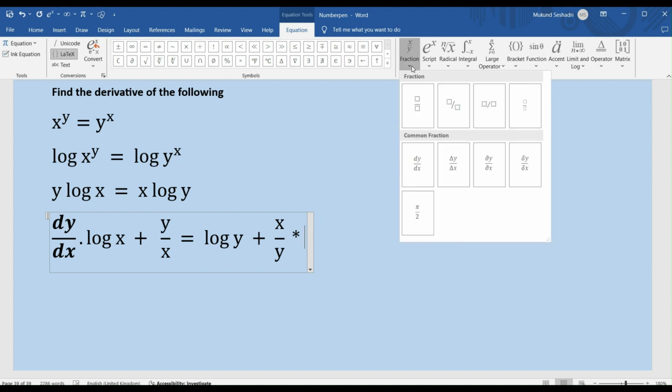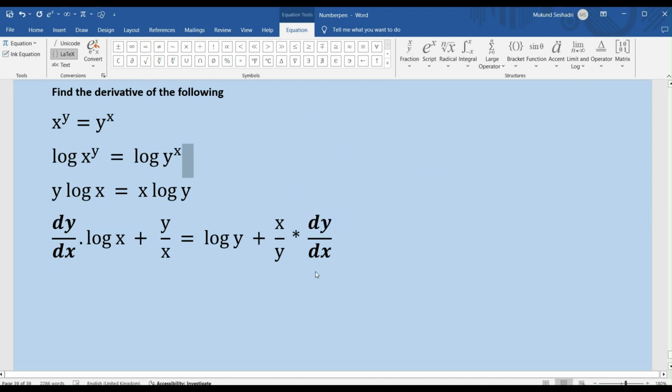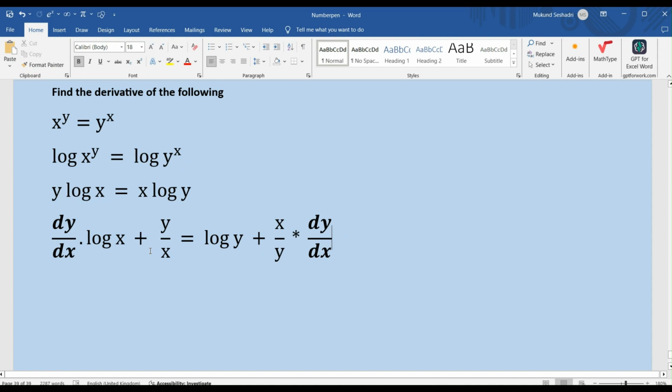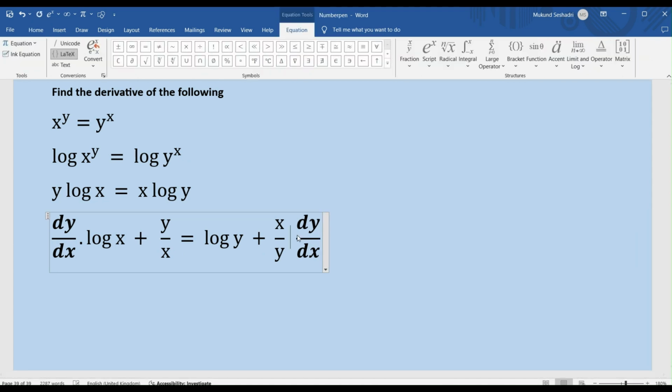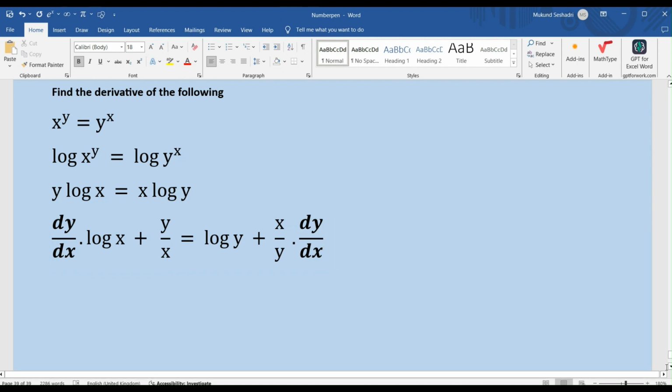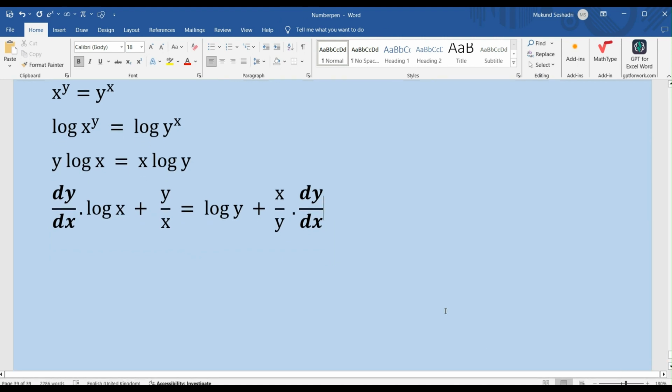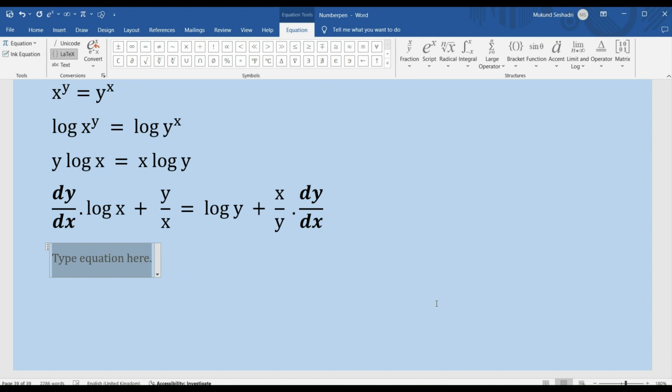And when I do that, what do I get? I get a dy by dx. So now I have an expression that looks like this, and I think I can do a rearrangement in order to arrive at my dy by dx.